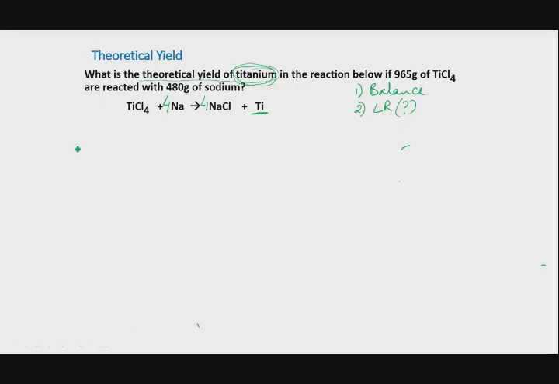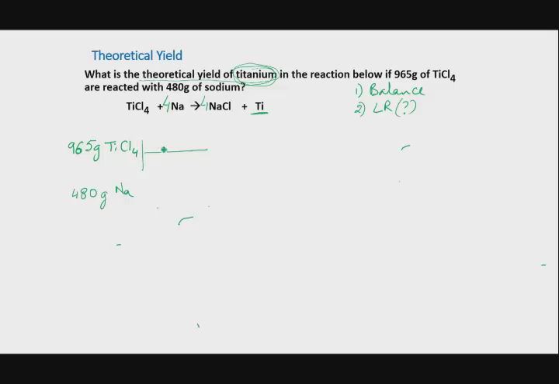So in other words, we need to convert 965 grams of titanium tetrachloride into moles of titanium, and we also need to convert 480 grams of sodium into moles of titanium as well. Please go ahead. You already know how to do this. Pause the recording while you complete the setup and the calculation.